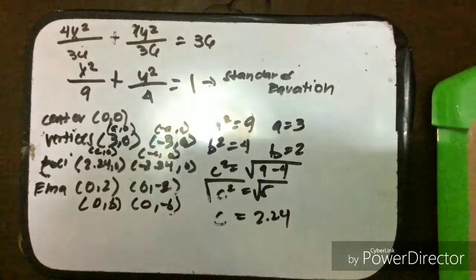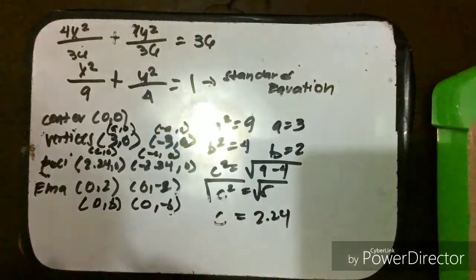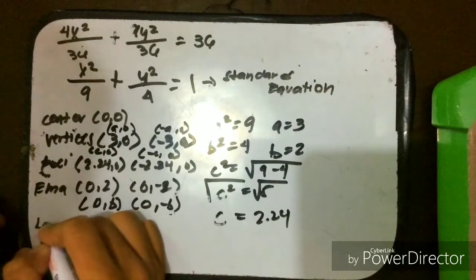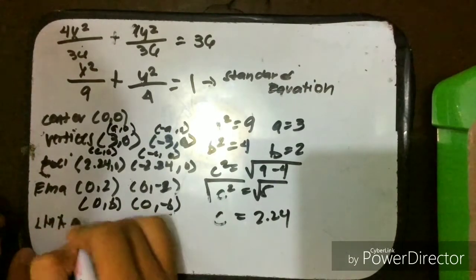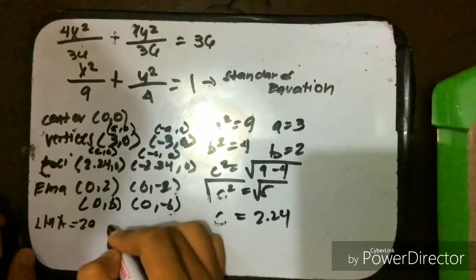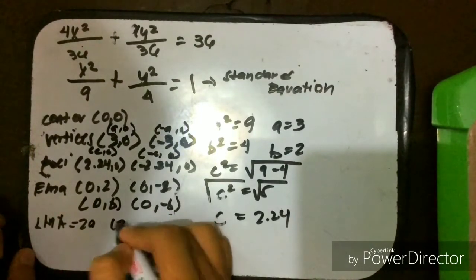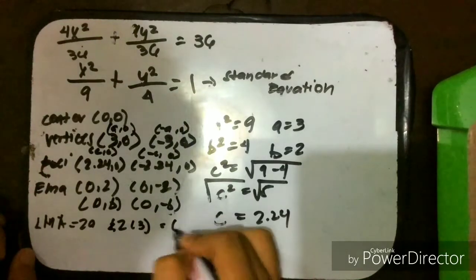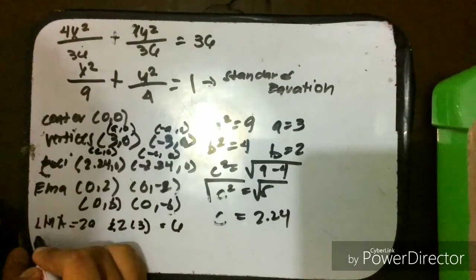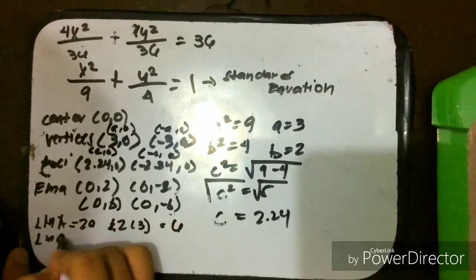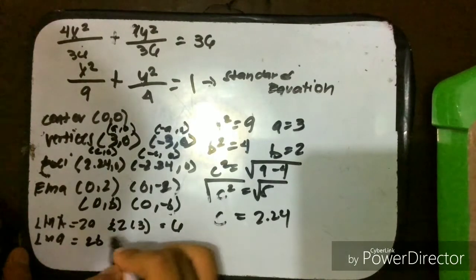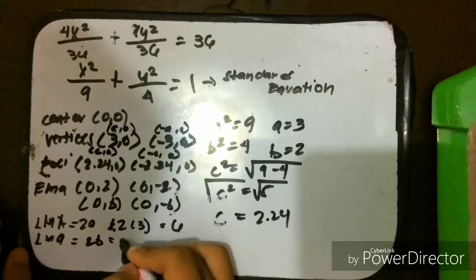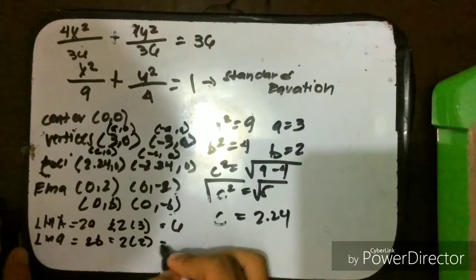We will find the length of the major axis. So length of the major axis is 2a. So 2 times 3 is 6. Length of the minor axis is 2b. So 2 times 2 is equal to 4.